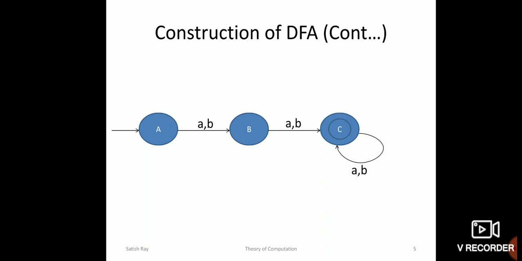So we will check for the string of length 1. Suppose we have an input string A, that is of length 1. So from initial state A, on input small a, the next state will be B, and B is not a final state. So this DFA will not accept the strings of length less than 2.